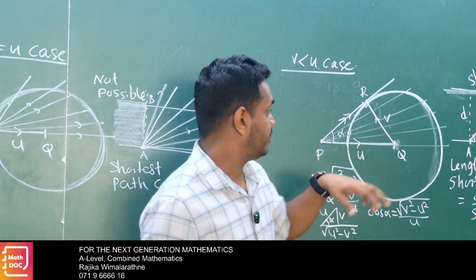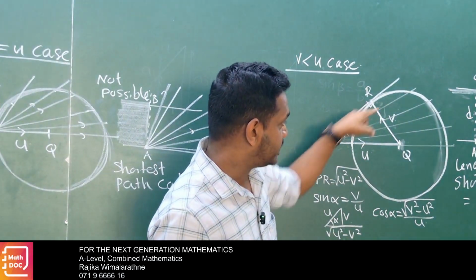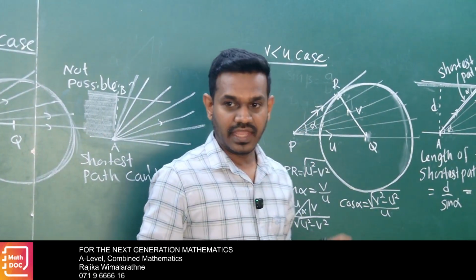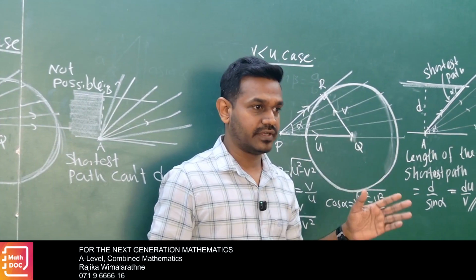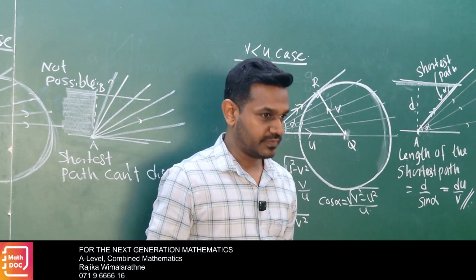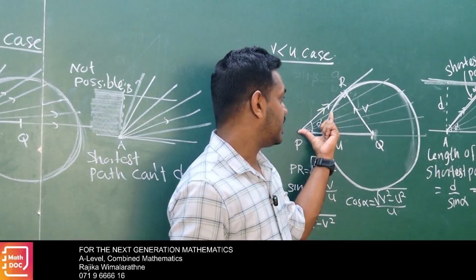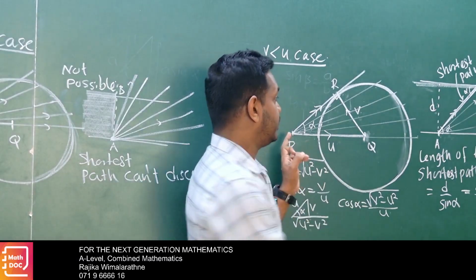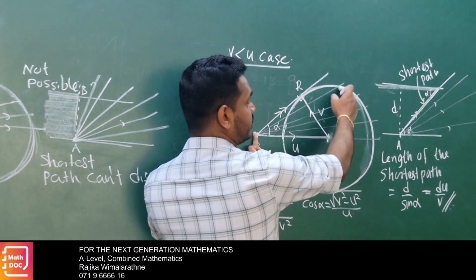But when you consider all the other cases, here see, we have two possible R points, no? Two possible R points mean we can have two possibilities for that motion. When you consider this R, PR value is somewhat less, then when you consider this one, PR value is somewhat higher.